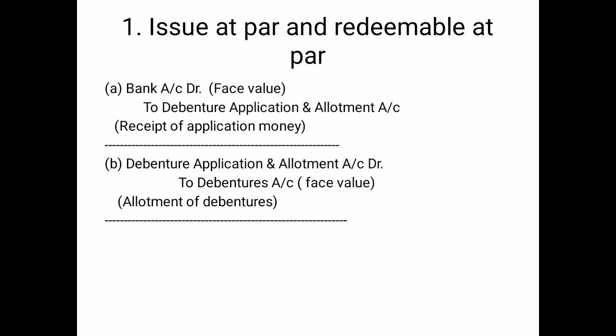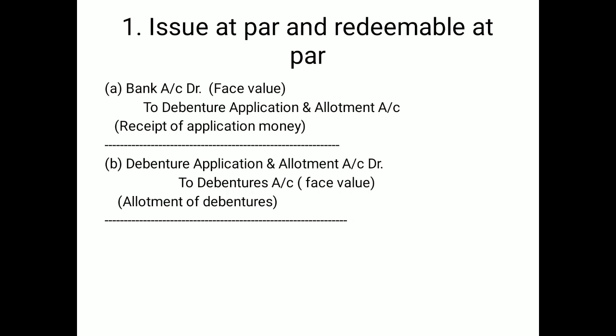You may see here the first example, issued at par and payable at par. Suppose I am taking one example here where par value is 100, and repayable at par. So you have to focus on the first half, that is at par.